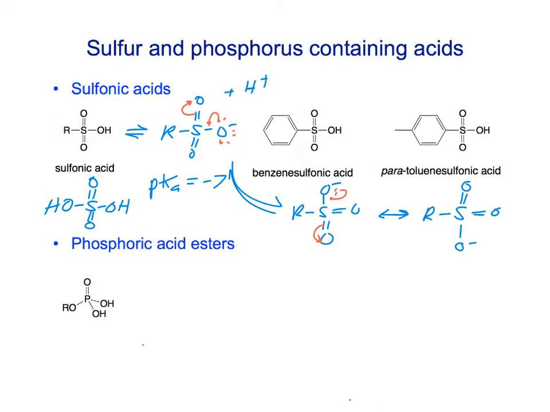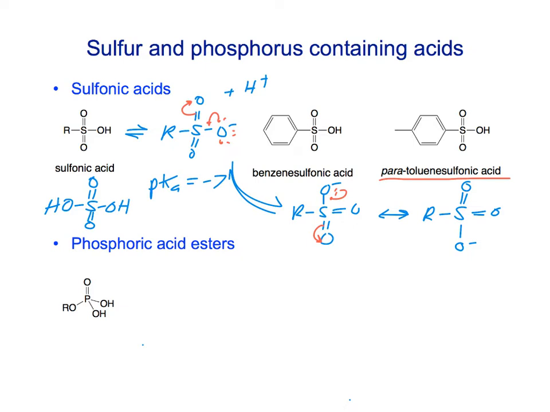We can have a methyl group on there, it'd be methanesulfonic acid. A common one also is with a trifluoromethyl, called trifluoromethanesulfonic acid, something called triflate. A very common one that we see is this para-toluenesulfonic acid.